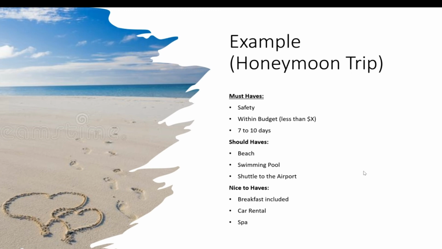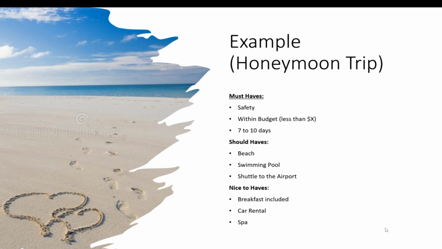If it's safe, we don't become really happy, but if it's unsafe, then there is a price to pay. We had a budget, so we wanted the trip to be within our budget, and we had limited time, so 7 to 10 days is what we could afford. Based on these, we targeted areas that met these categories.